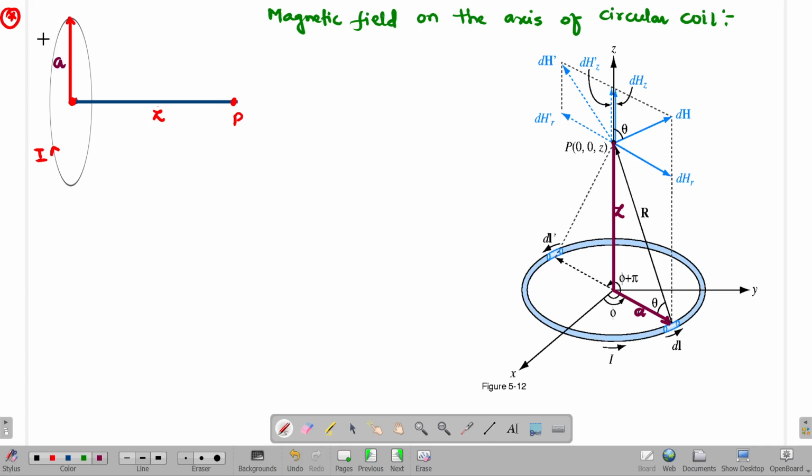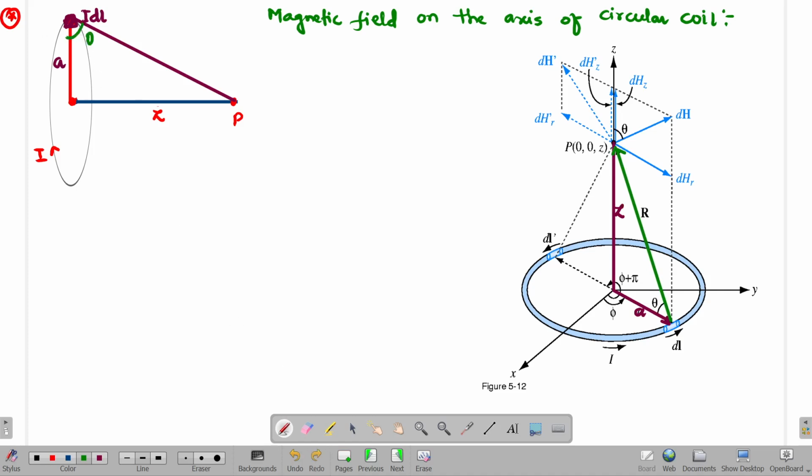So the idea is very simple: first we'll find the field due to a very small element, let us call it I dl. This I dl will be located at some distance away from point P. So look over here, this is my I dl which I'm considering, and this is located at some angle from point P. Let's say this angle is theta.